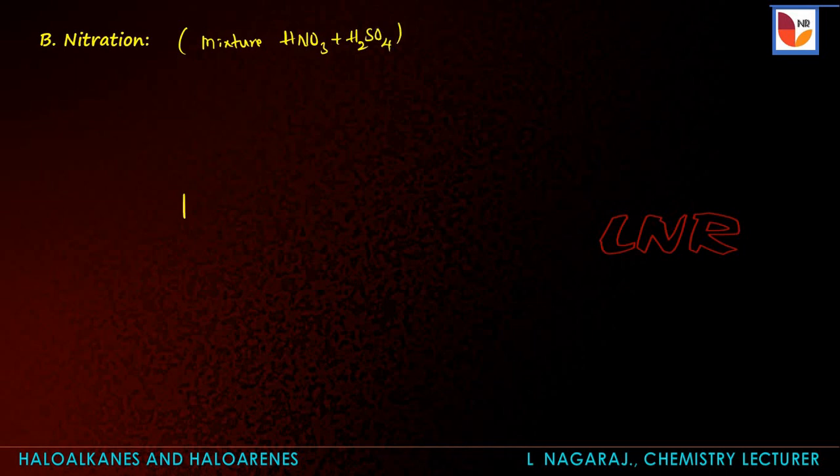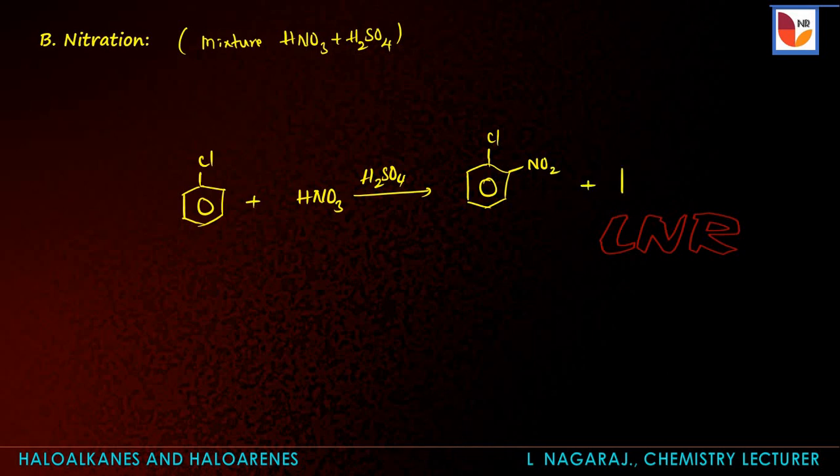That is, when chlorobenzene reacts with HNO3 in the presence of sulfuric acid, H2SO4, here the electrophile is NO2, that is, it is attached at ortho as well as at para position. It is Cl and it is NO2.